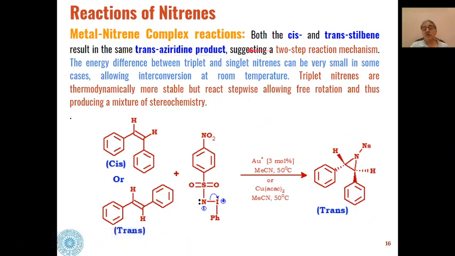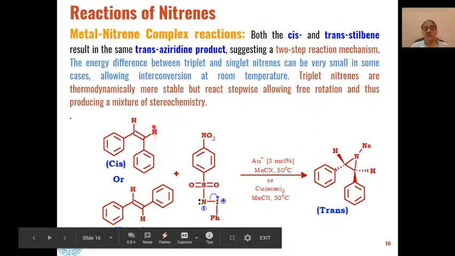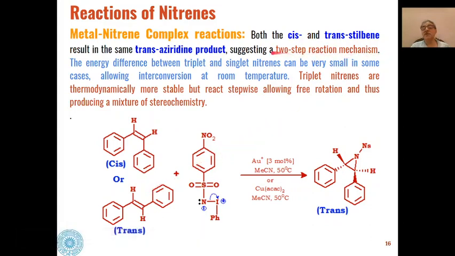Then, if we take addition to cis and trans stilbene, the product formed is the same in both cases. The trans-aziridine product is formed, which suggests that in this case the mechanism is not a concerted mechanism but a two-step reaction mechanism.